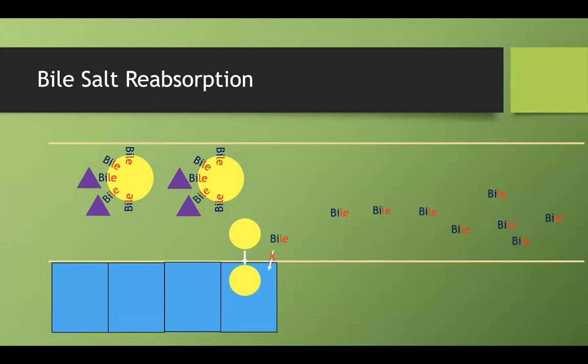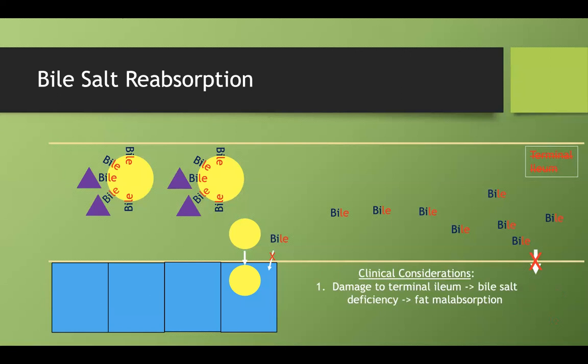And instead, the bile will travel down the GI tract to the terminal ileum, and there it can be reabsorbed. But remember, if there's any damage to this terminal ileum, then you won't get any of this reabsorbed bile. So you'll lose it in the feces and the stool, and so ultimately you'll end up having less bile. And so this can cause fat malabsorption.